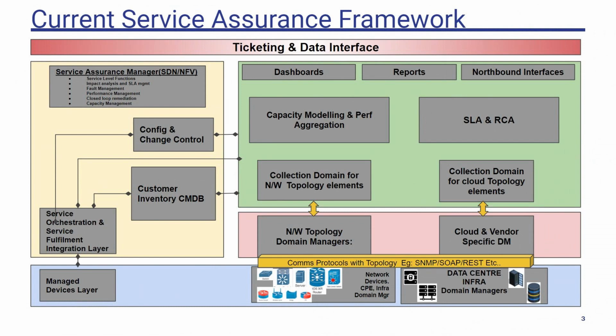The second space is the reporting space. You can have a weekly or daily report of your network, your topology, your networking elements, how they are behaving, how the subnets are taking shape, and which customers are affected. All sorts of reports can be generated with this. And the third is northbound interfaces.